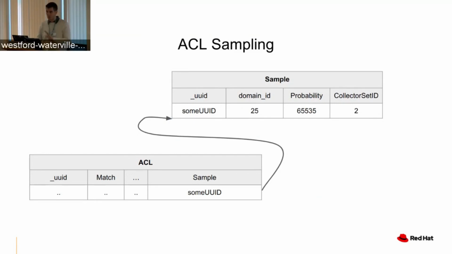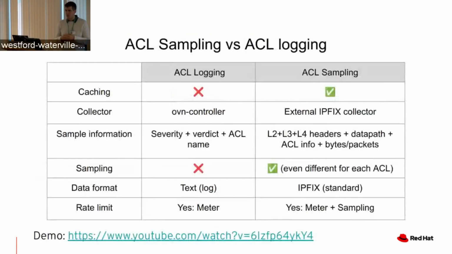But I'm not going to go into details because that's an RFC and this might change. I do want to give my opinion on why this ACL sampling would be beneficial and how it compares with another feature called ACL logging, which is already present.